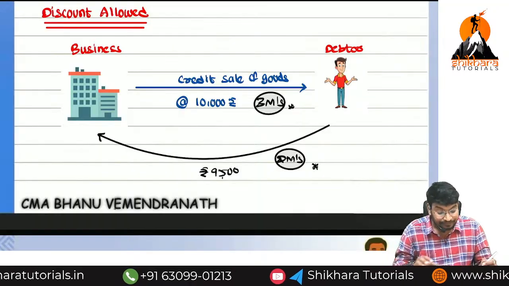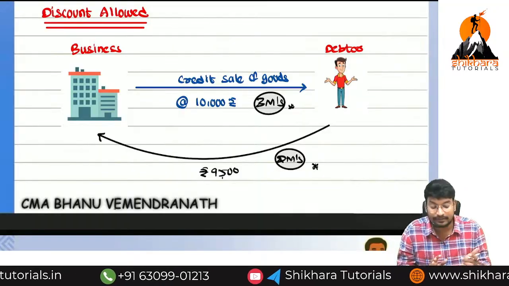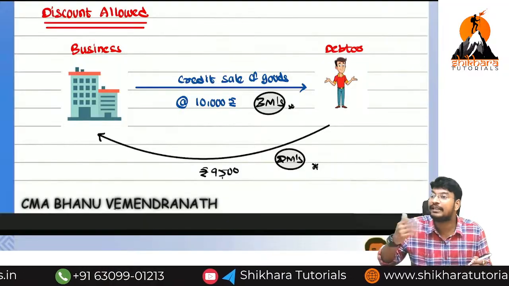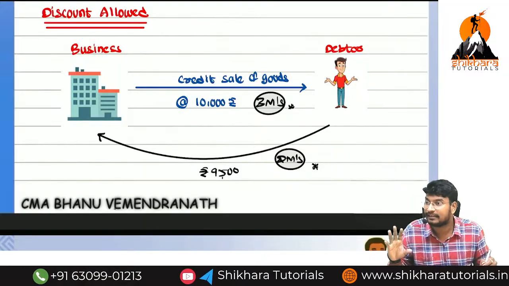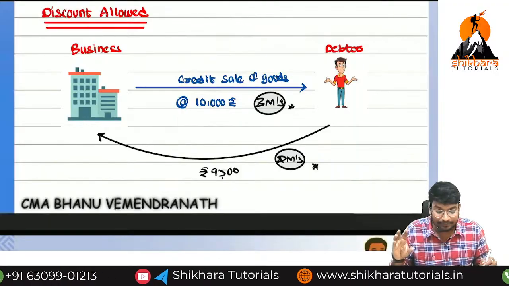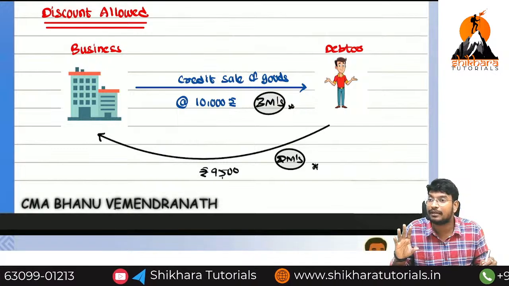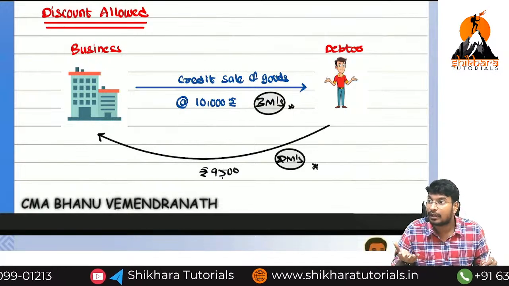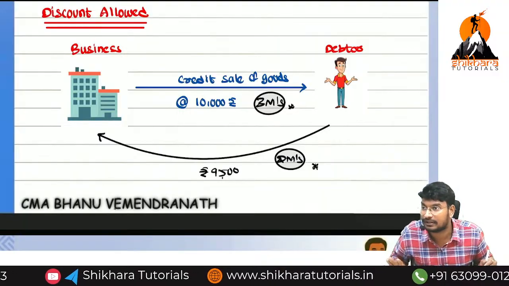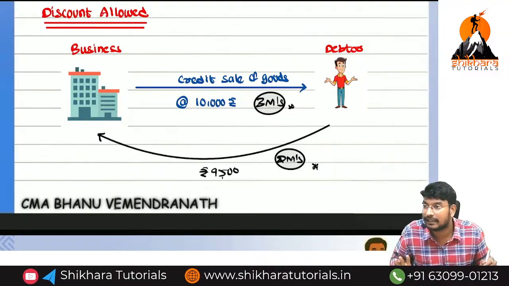Since he is repaying within less time, with this amount we can purchase goods and again sell the goods. For that reason we are getting a benefit. For that benefit, what are we saying to the debtor? Only pay 9,500, it is sufficient, even though he needs to pay 10,000.